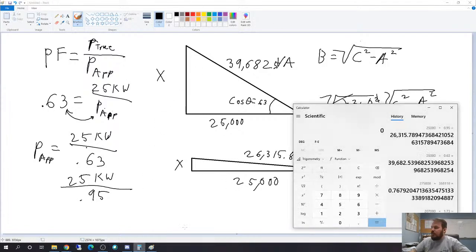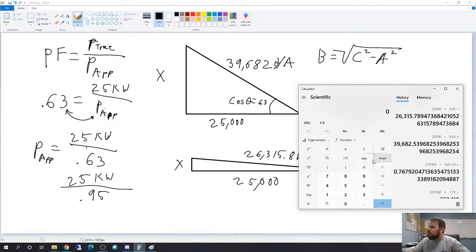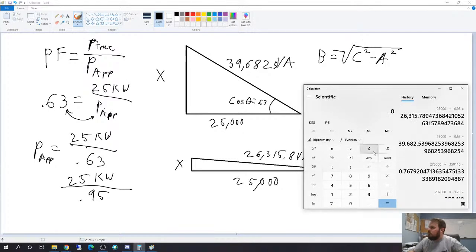So let's do it in our calculators. We have 39,682.5 squared minus 25,000 squared.